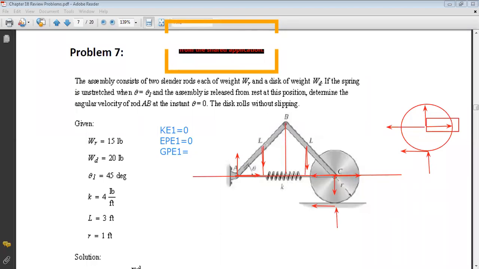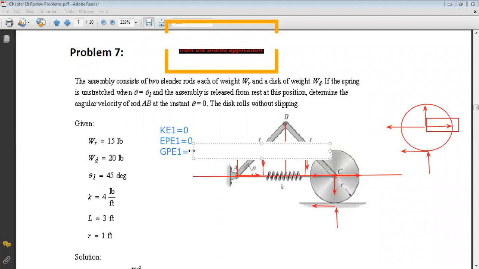So for rod 1, this is G1. For rod 2, this is G2. So I should take this elevation. This elevation is equal to what? It's L over 2 times sine theta. So I can say that the gravitational potential at state 1, since my two rods are similar, YG1 is equal to YG2.